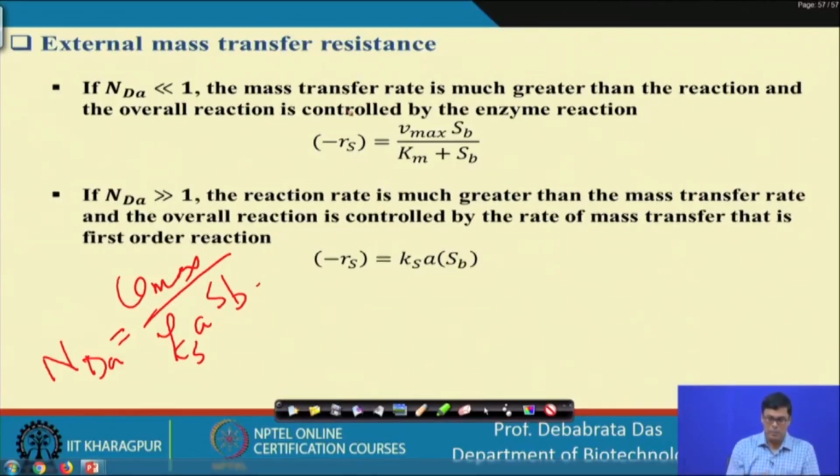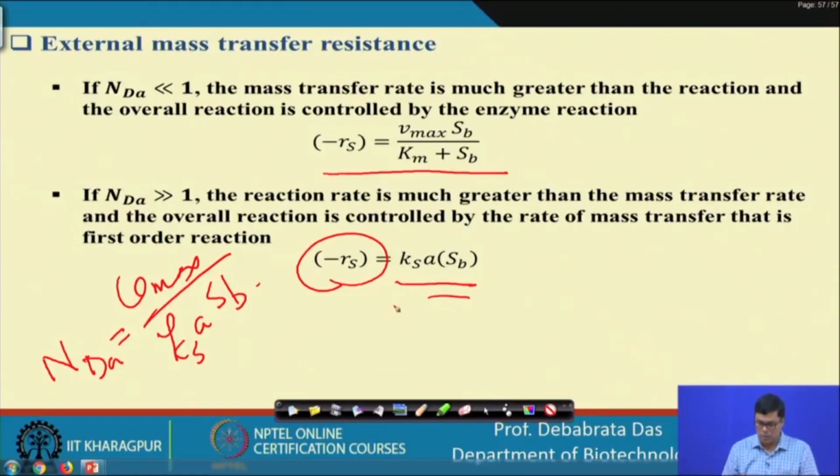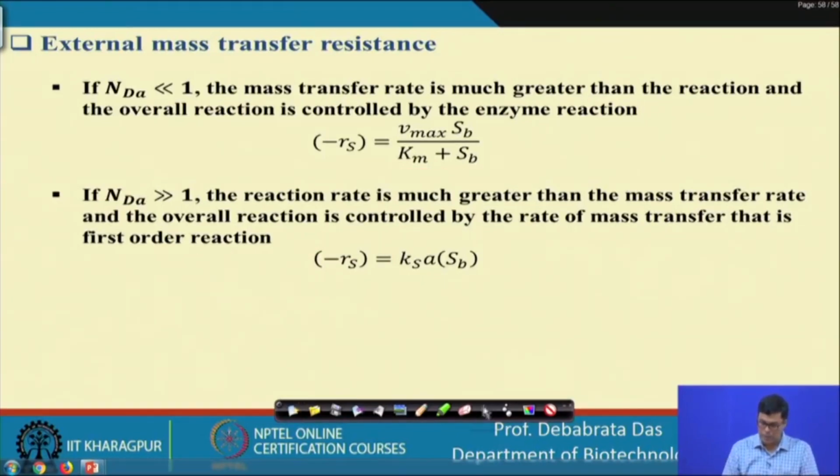If mass transfer is very high, then mass transfer is not limiting. What is limiting is the rate of reaction, which is controlled by the substrate concentration. But when your Damkohler number is greater than 1, then your velocity of reaction is very high, or mass transfer is very low. So your overall rate of reaction is controlled by the mass transfer. This is called mass transfer control.